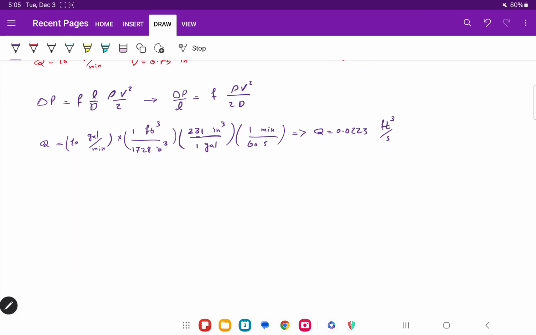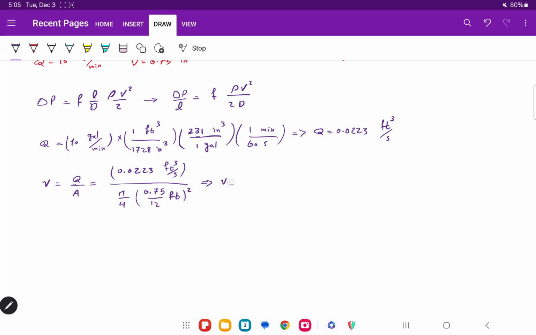So we can calculate velocity. It's equal to Q over A, 0.0223 cubic feet per second over pi over 4 times the diameter divided by 12, in feet, squared.